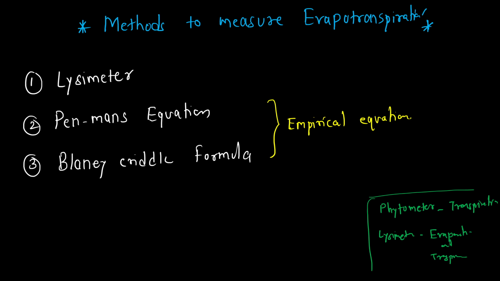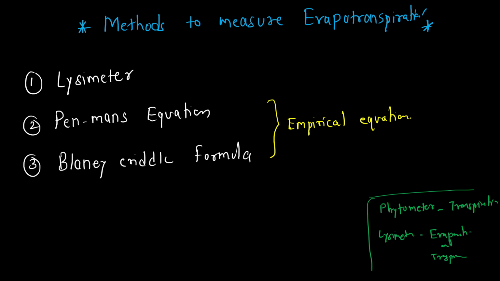If they ask for what purpose the lysimeter is used, you should be able to answer that it is used to measure evapotranspiration. If phytometer is given in the question, that means it is used for transpiration. Then Penman's equation and Blaney-Criddle's formula are used for the measurement of evapotranspiration. So these are the initial concepts that you should first learn.